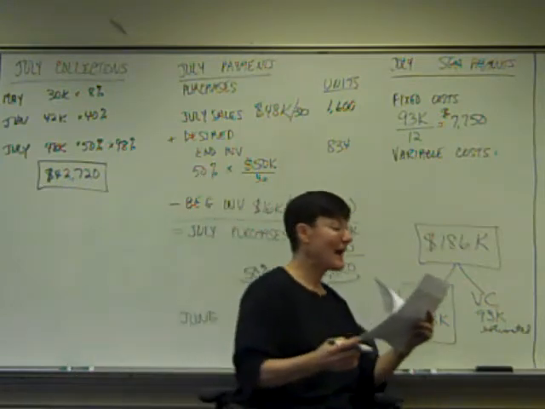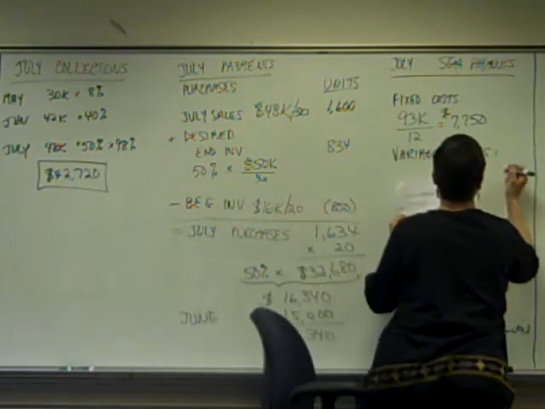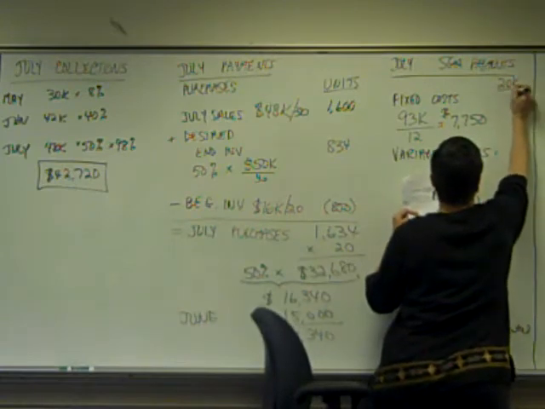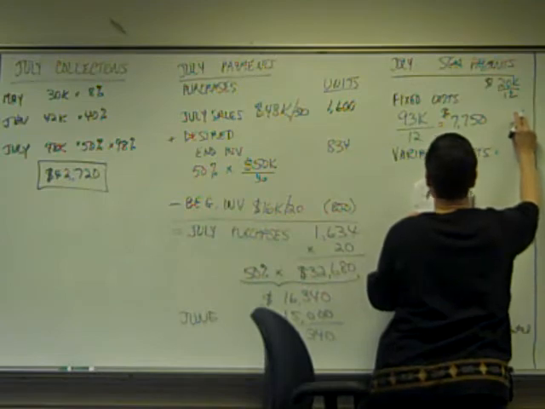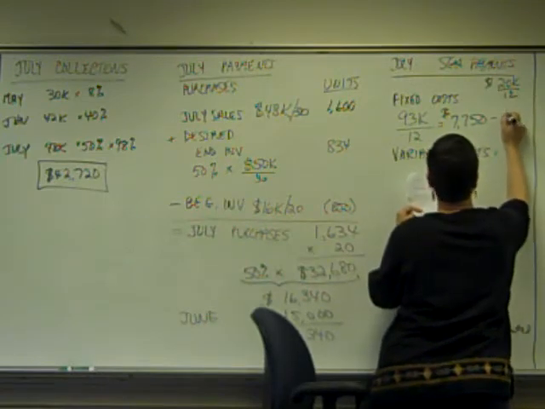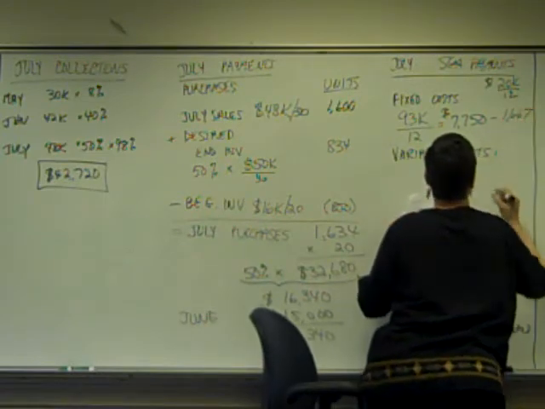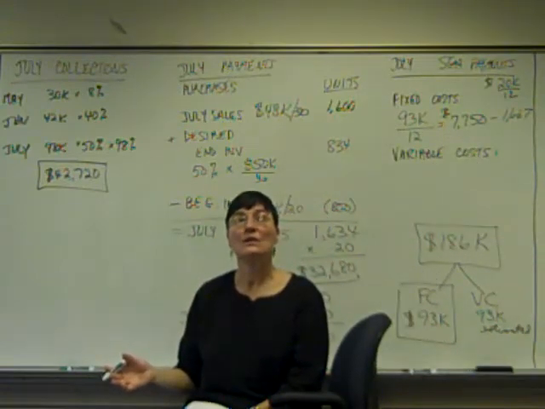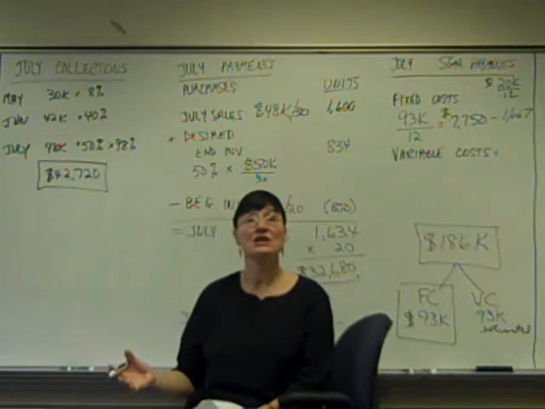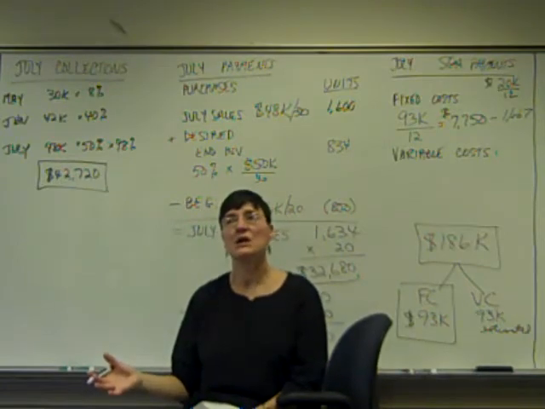So you had to back out the depreciation. That was the $20,000 for the year spread out over 12 months, so you had to back out the $1,667 a month, whose entry is debit depreciation expense, credit accumulated depreciation.